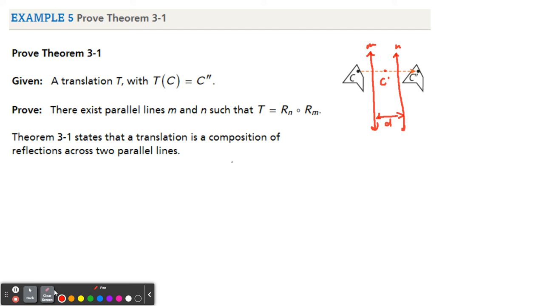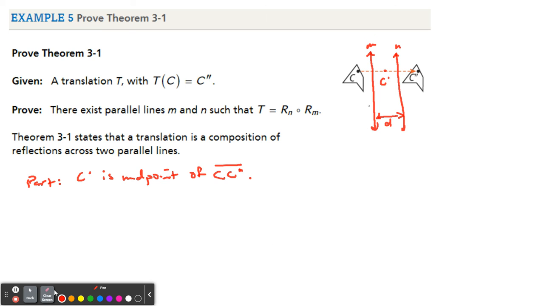Okay. So we have 2 parts to this. All right. So part 1, as I've set up, we're going to let C prime be the midpoint of C double prime, that segment. Okay.